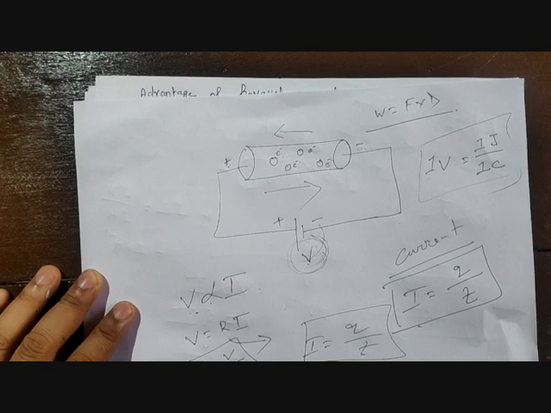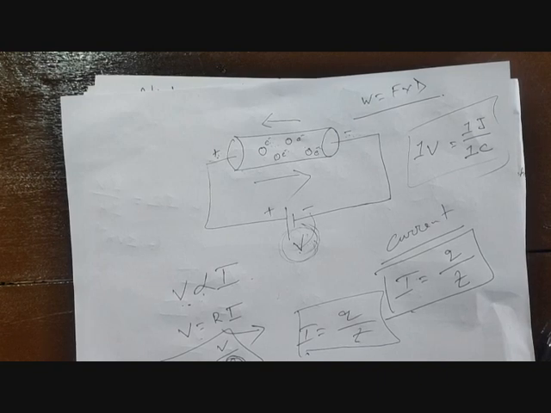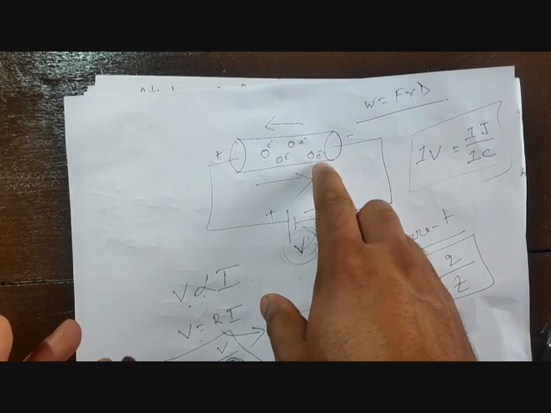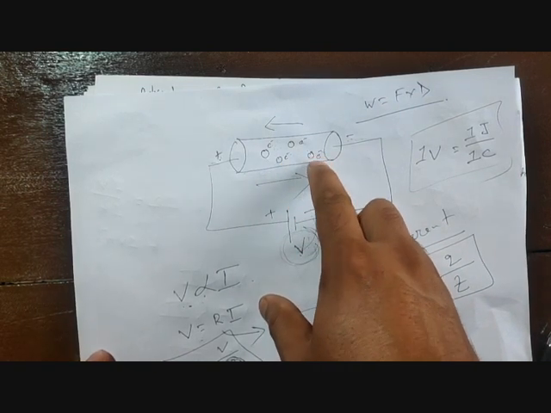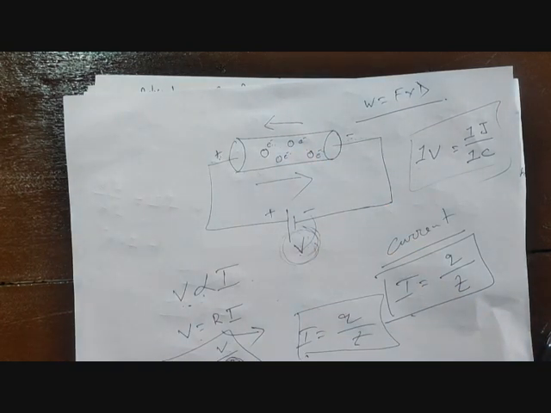That's called resistance. Remember one thing: when one thing collides with another, obviously it generates heat. So in this process, heat is also generated, when electrons collide with other electrons and with atoms.